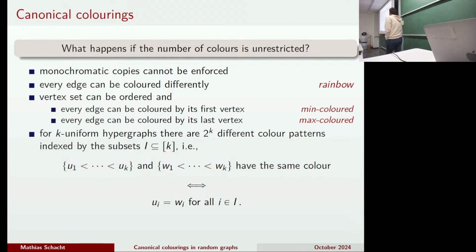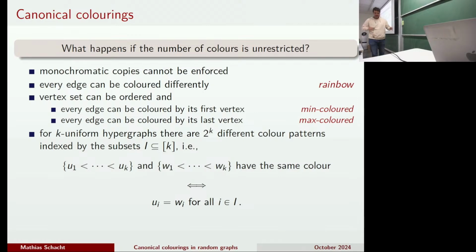You pick your favorite index set of the set {1,...,k}, which we call I. Now 2 edges have the same color if and only if you pick the vertices, after they are ordered, with the indices from I, and they are the same on these vertices. So one more time: you have the edge u_1 to u_k, and the edge w_1 to w_k, and in the index set you fixed some indices, and these 2 edges have the same color if and only if u_i and w_i are the same for every i in I.